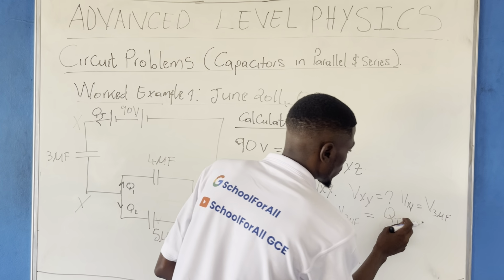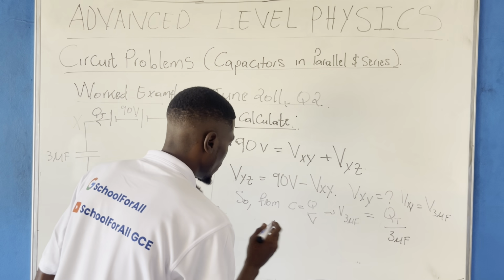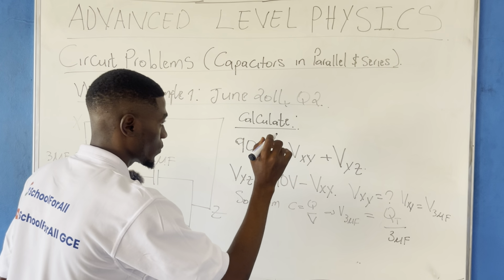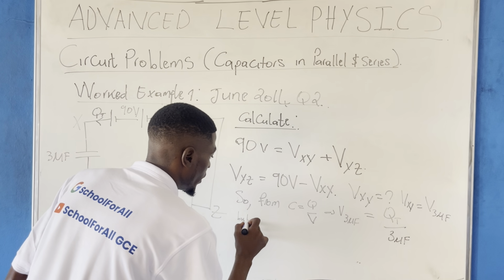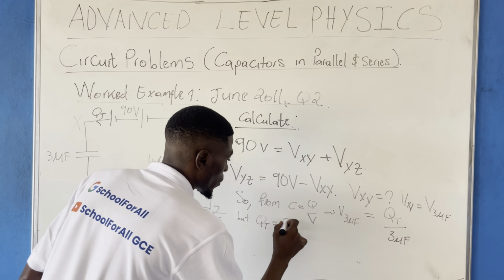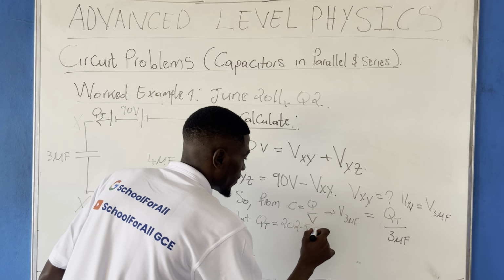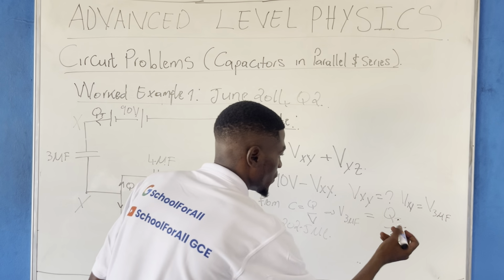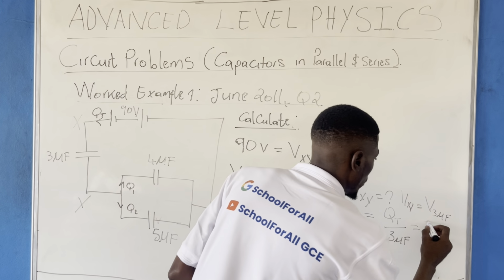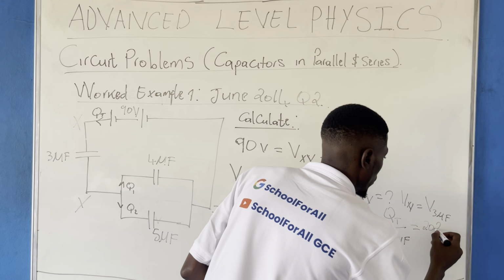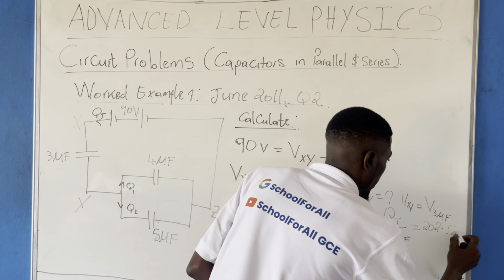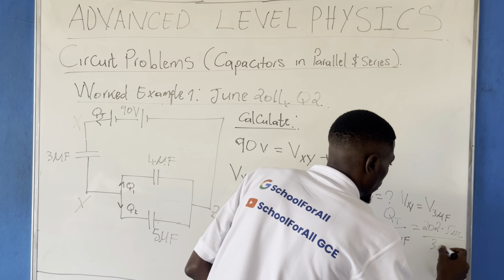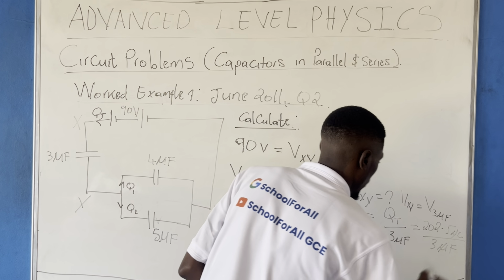So I need now to find Q total. But I know the value of Q total. We calculated the value of Q total here, if you remember. Q total is simply equal to 202.5 microcoulombs. So this value is simply equal to 202.5 microcoulombs divided by 3 microfarads. So that micro will cancel.